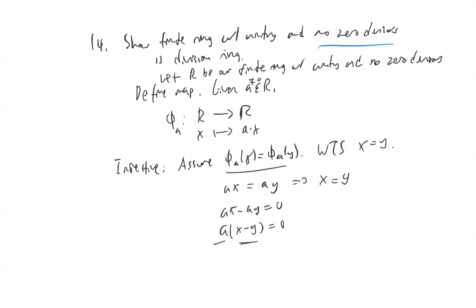Now, why do I know it's surjective? I'm claiming it's surjective because these two are finite, right? And they have the same order. R is finite, right?